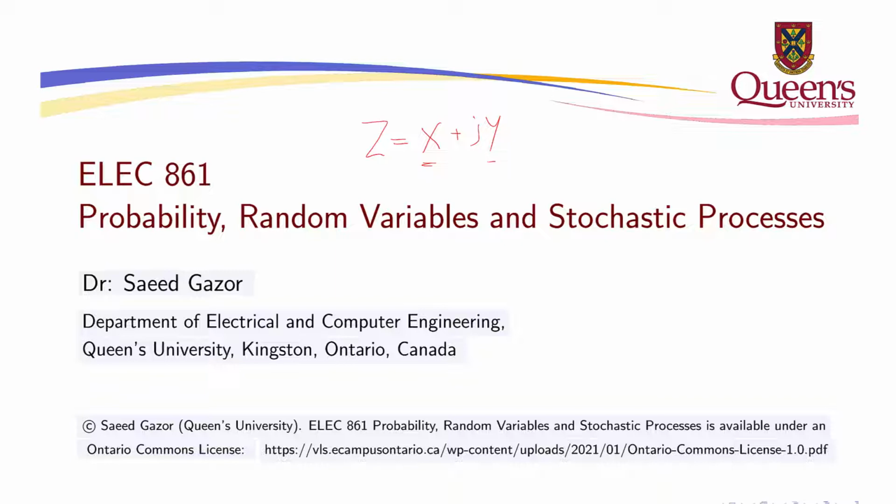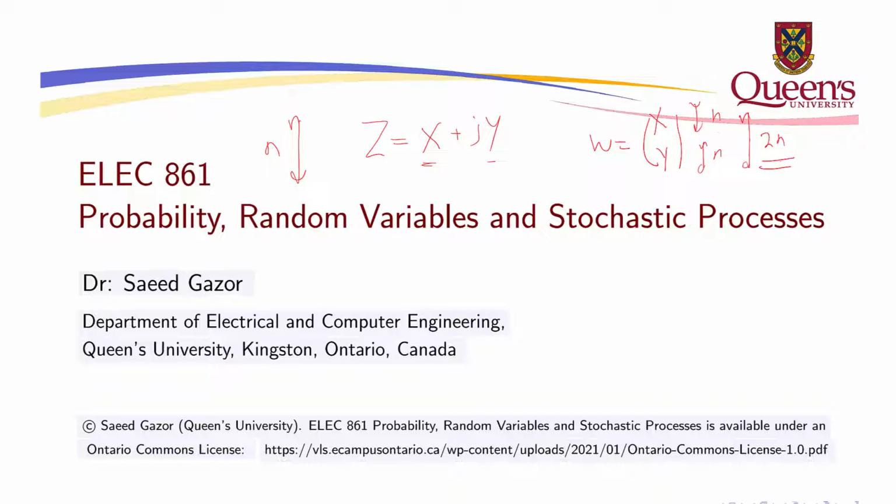For the distribution of z, what I encourage you to do is to define w equal to x, y as a random vector. Here the length is, let's say, n, and then you have another n here. So you have 2n random variables.